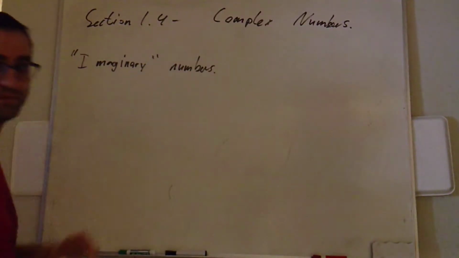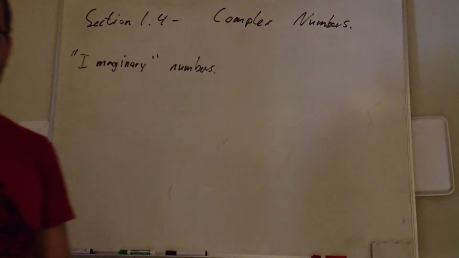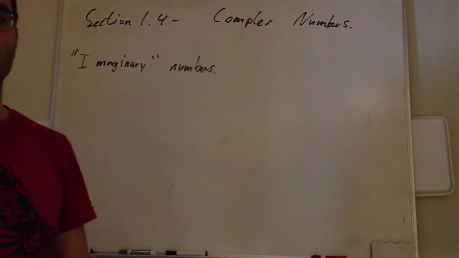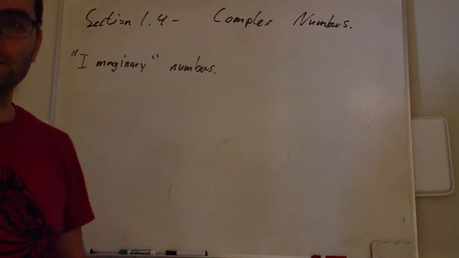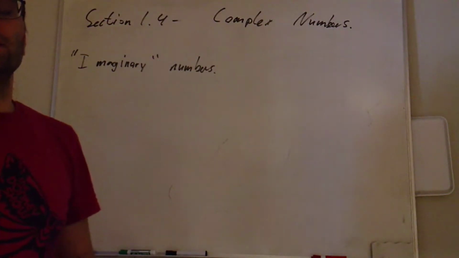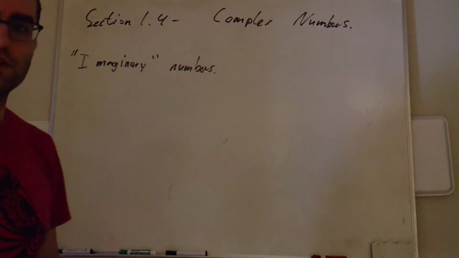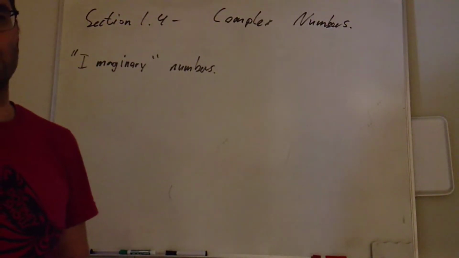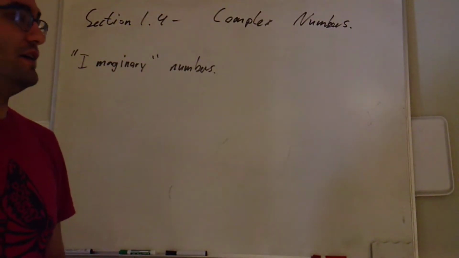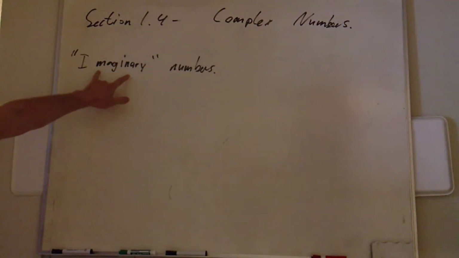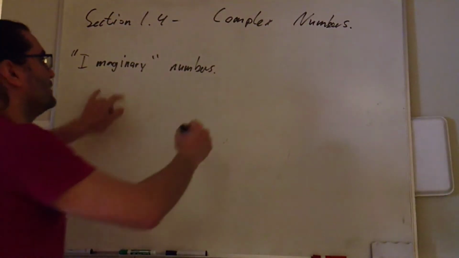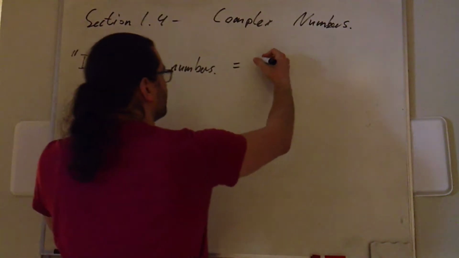Which is another addition to the long list of things that have names that I absolutely hate. Imaginary numbers is a terrible name for what we're going to discuss because all numbers are imaginary. But imaginary numbers in this context means square roots of negative numbers.